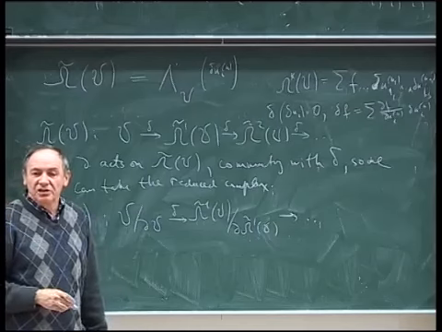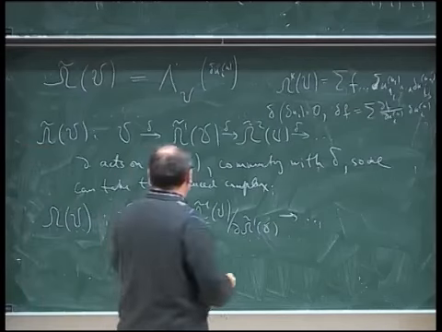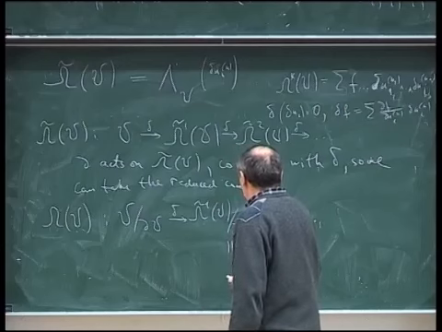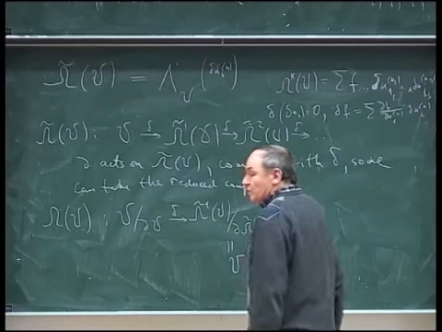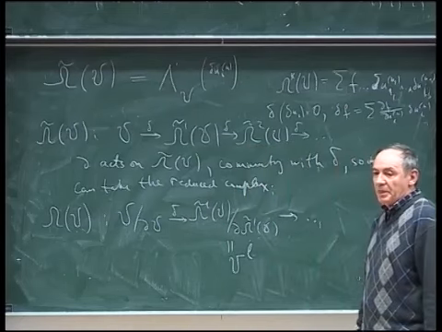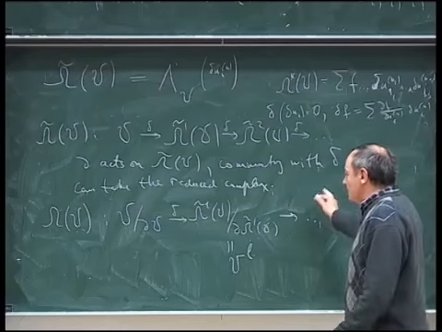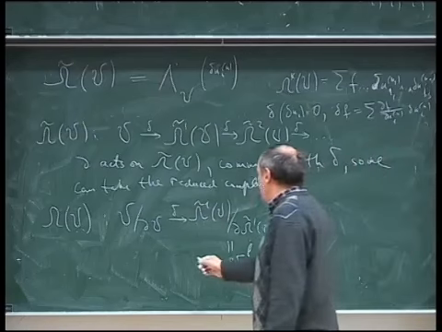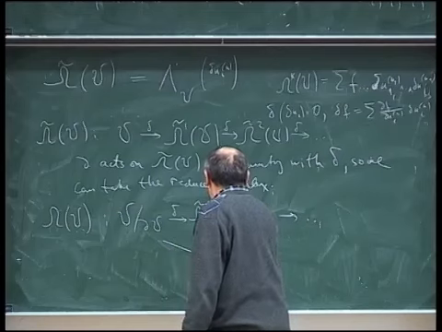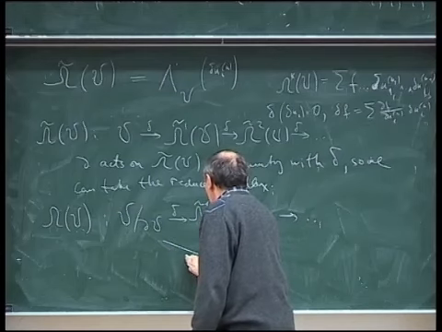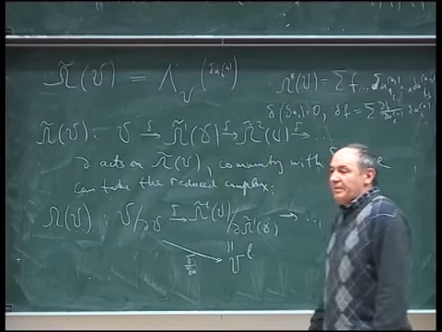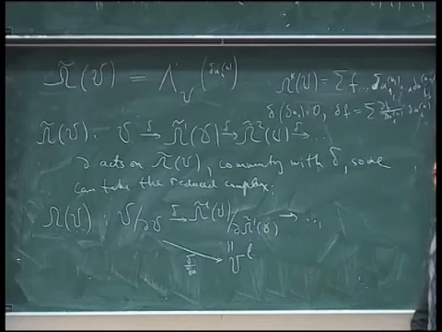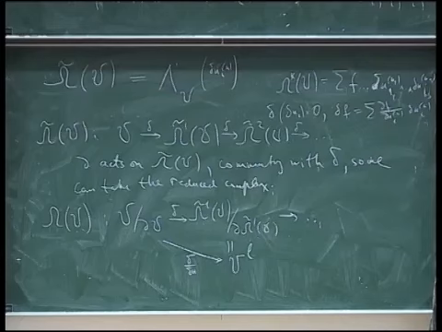And it is pretty easy to see that this space is indeed canonically identified with V to the L. And after this identification, this map is indeed delta over delta u. So at least as the first step, it is the right thing to do.